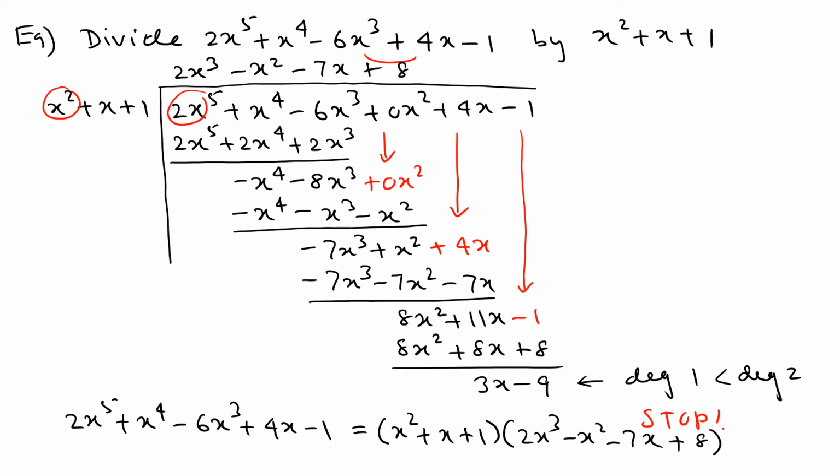And then the remainder is 3x minus 9. So that's what you get when you divide.